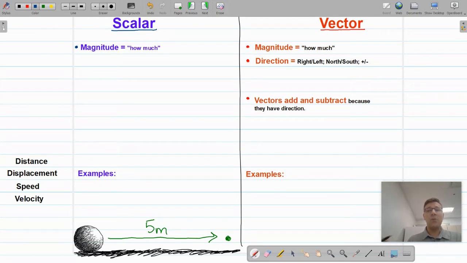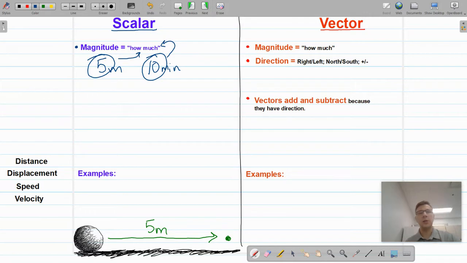That's telling us how much. So if I write down 5 meters right here, I'm going to circle the 5. That is telling us how much. Or if we were looking at a time and we said it took 10 minutes, the 10 again is telling us how much.